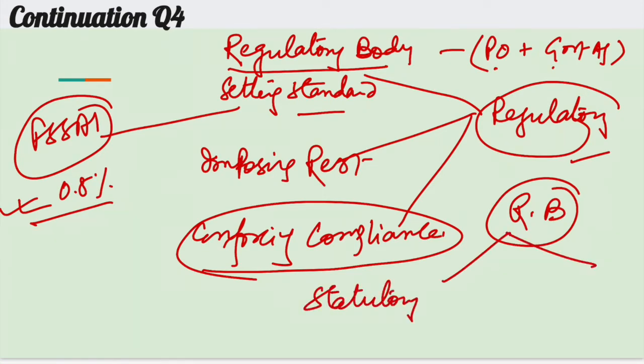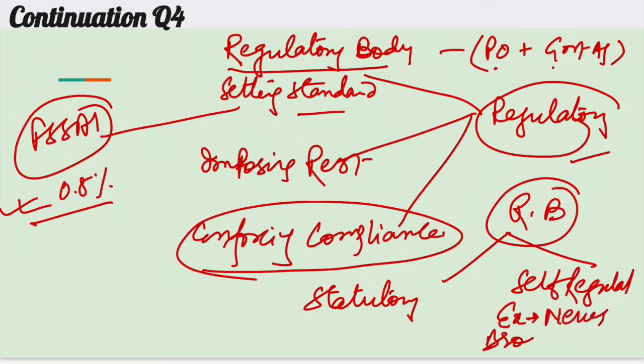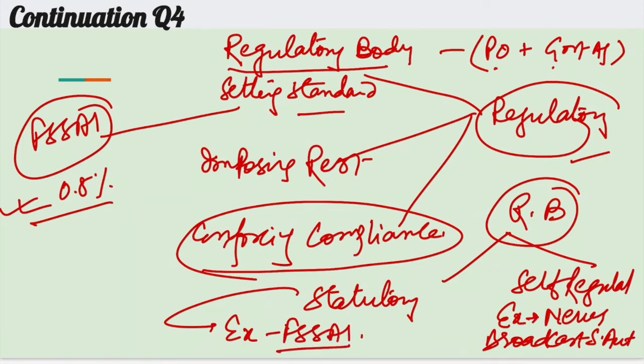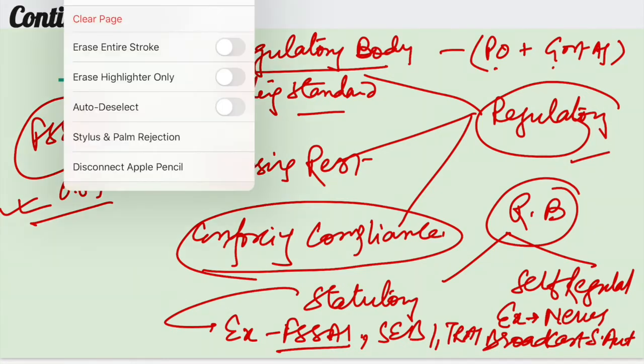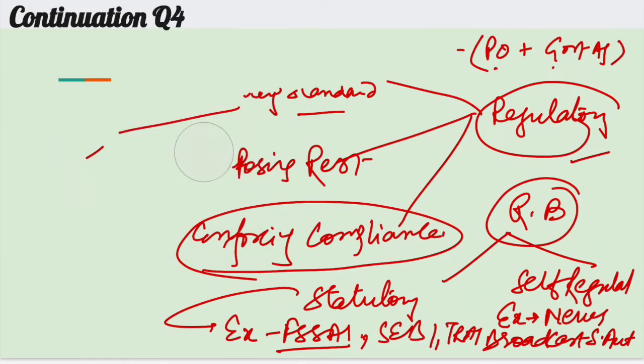The first is statutory regulatory body and the second is self-regulatory authority. An example of a self-regulatory authority is the News Broadcast Standards Authority. Examples of a statutory regulatory body are FSSAI, SEBI, TRAI. Understood?